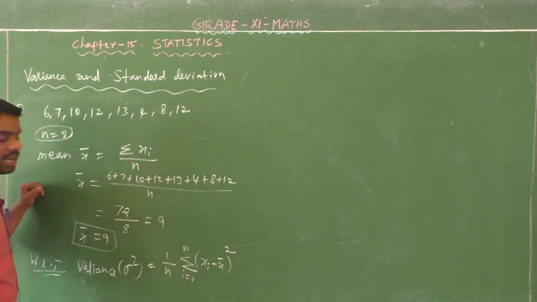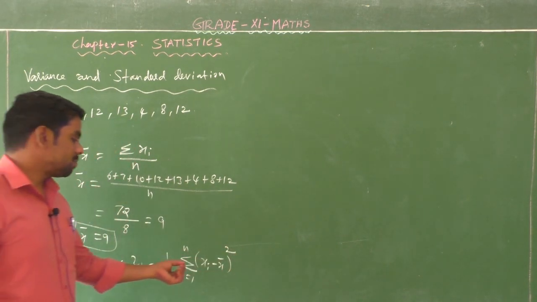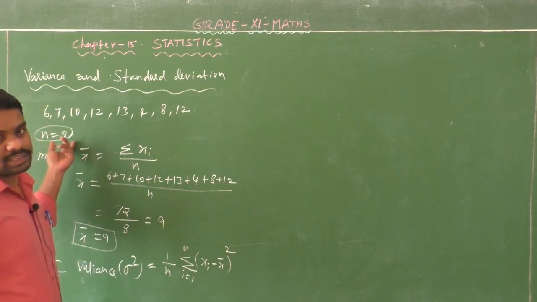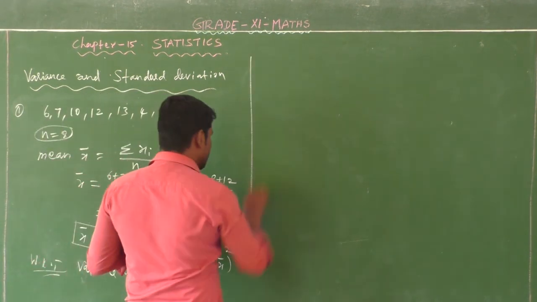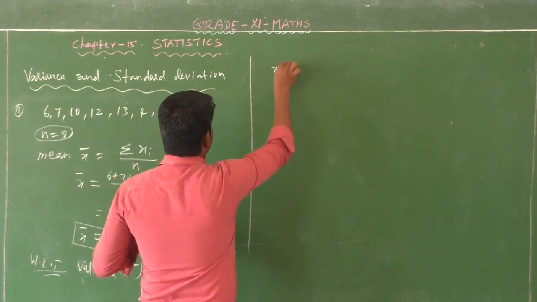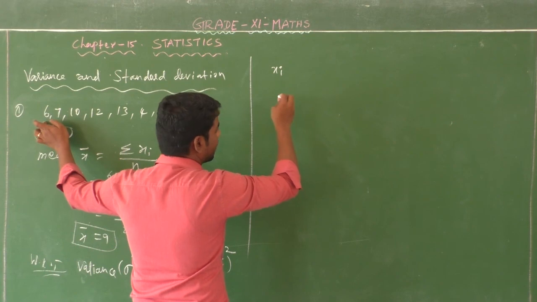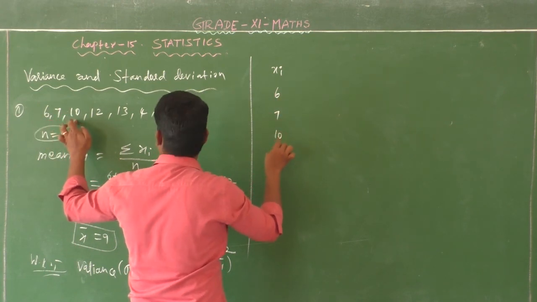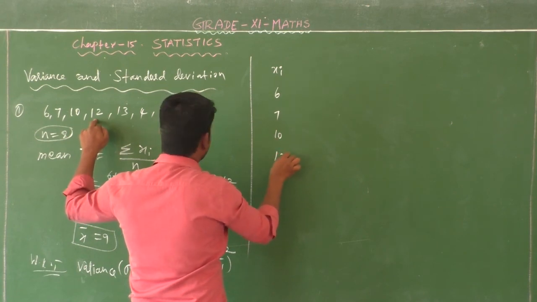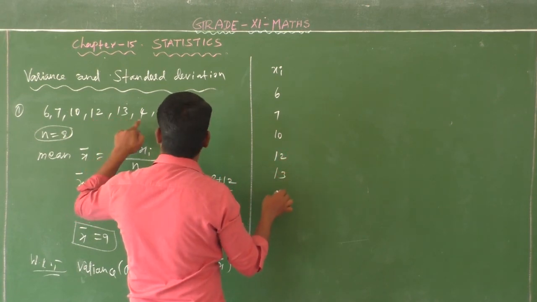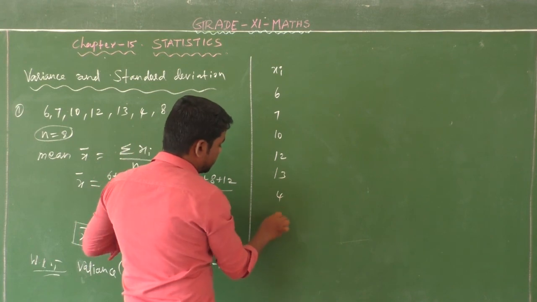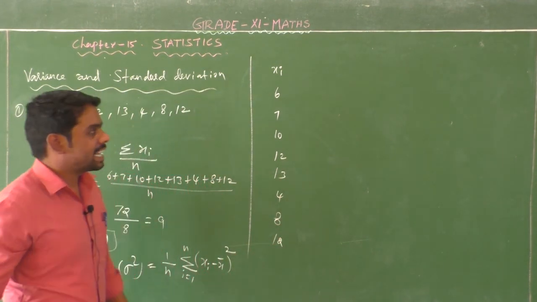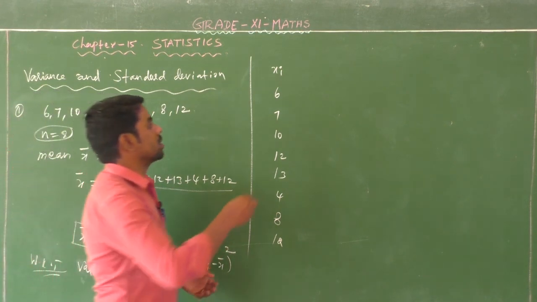Listen, here x bar is known as 9 and small n, the number of observations, is 8. So xi: x1 is 6, x2 is 7, x3 is 10, next x4 is 12, next 13 and 4, 8 and 12. Right. First you find xi minus x bar.